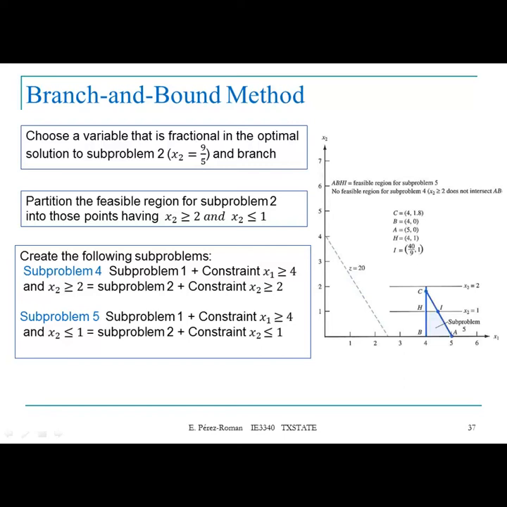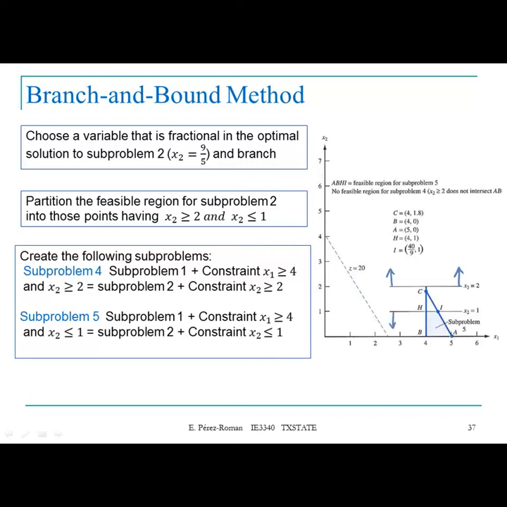And here we are. When you add x2 greater or equal to 2, this is that line. That line is over the feasible region, so it's not touching this area. So any solution that is greater or equal to 2 will be infeasible. So any solution above the feasible region is infeasible.